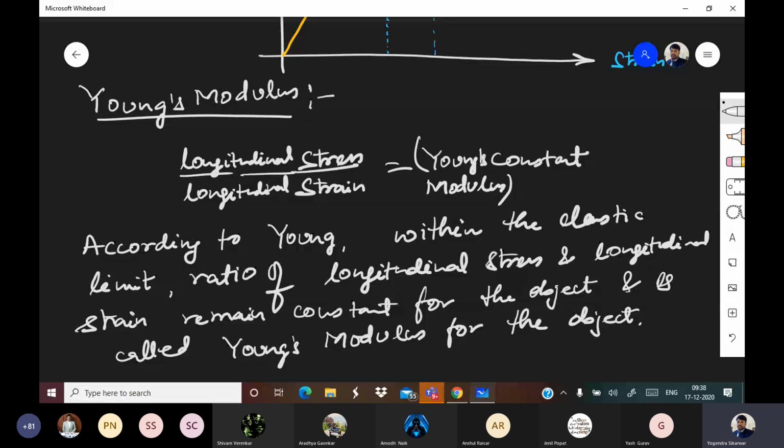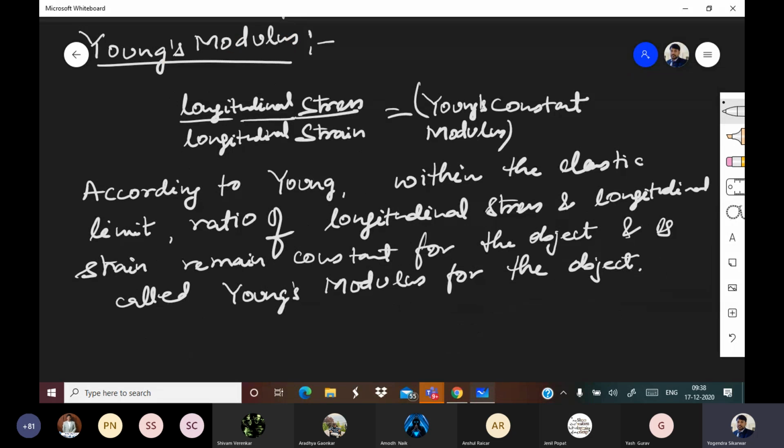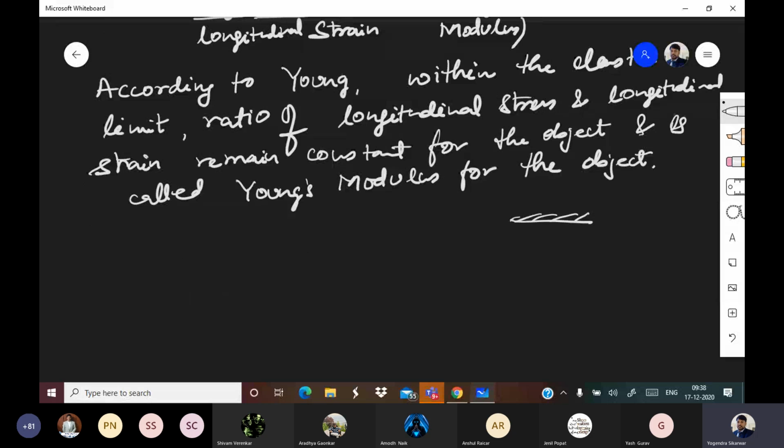Why? Stress upon strain was anyway constant. You added longitudinal in both, longitudinal stress upon longitudinal strain, and then you named that constant as Young's modulus. Correct? That was brilliant. Now pay attention. Suppose there is a wire, and through that wire a block of mass m is hanging.